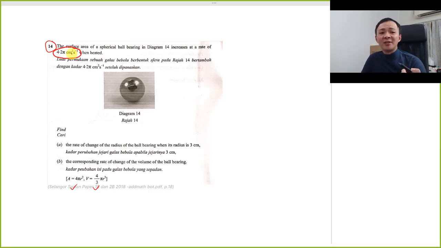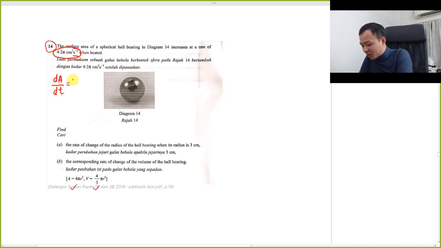Cm square is a unit we use for area, isn't it? So therefore, I understand this information is dA over dt equals 4.2 pi. This is the first information you must get, because this is the rate of change topic.